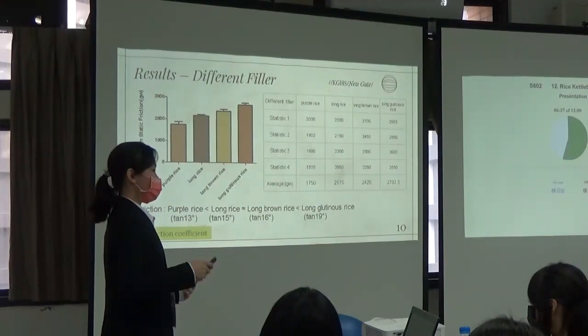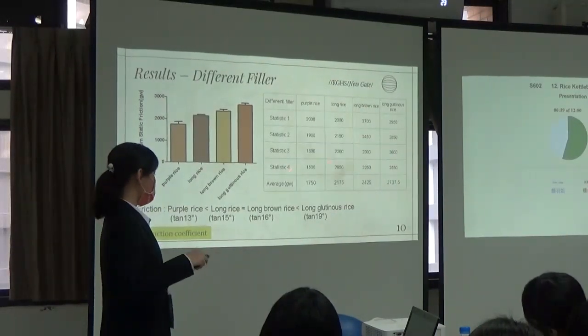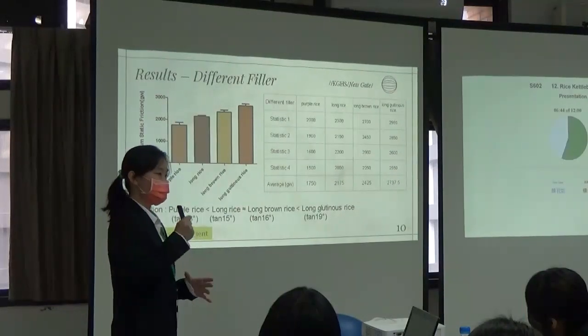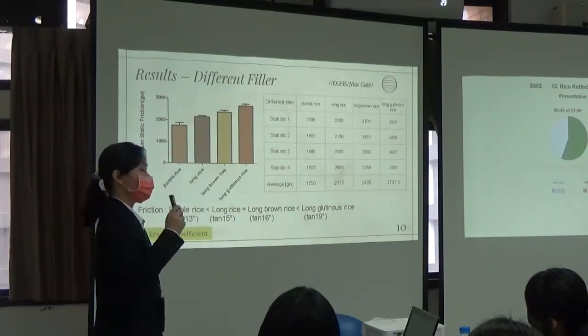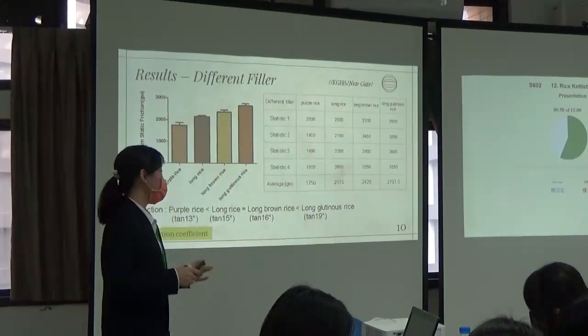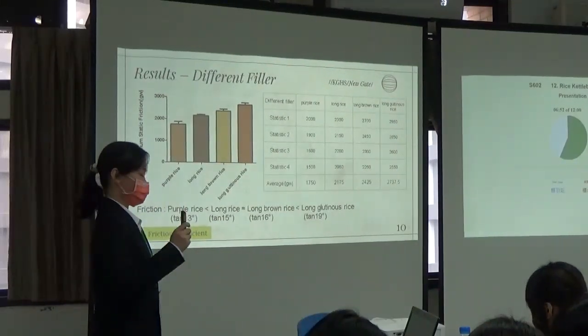After our experiment, we found that long glutinous rice needs the biggest force to get the stick out of the bottle, which means it can pick up the biggest mass of the whole system, and also that it has the biggest friction.